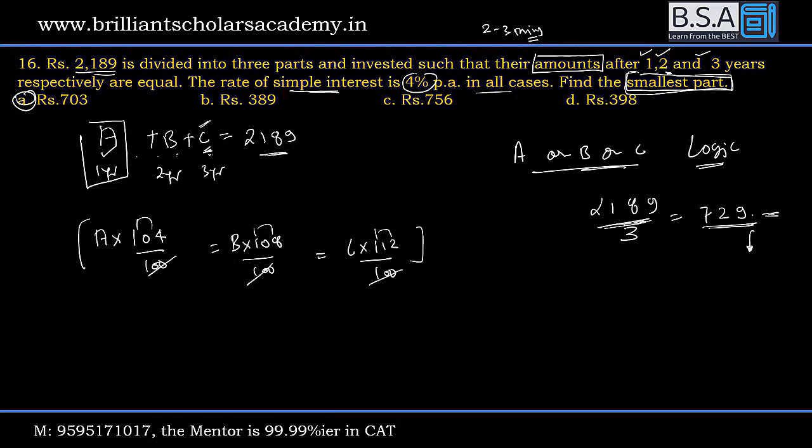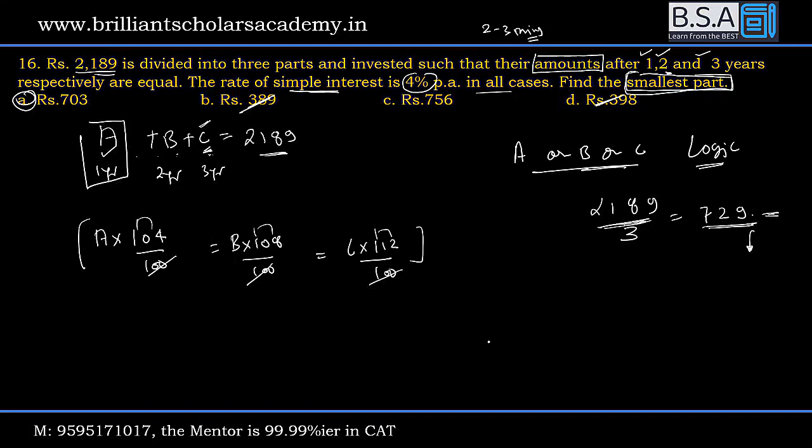Right now, on the screen, what I see are answers which are very far apart. This and this are nowhere near the answer. I'm saying A earns 4%, B earns 8%, C earns 12%. These are not very big percentages. So A, B, and C will be very close to each other.